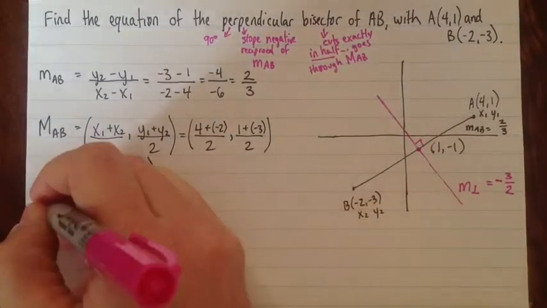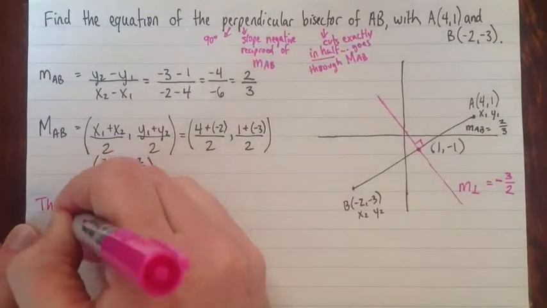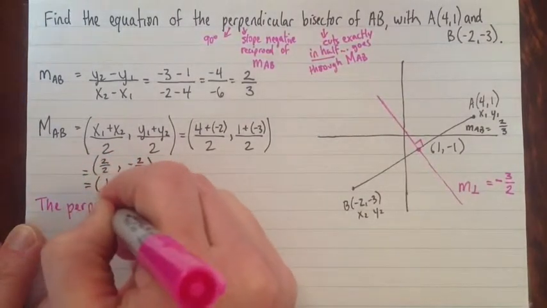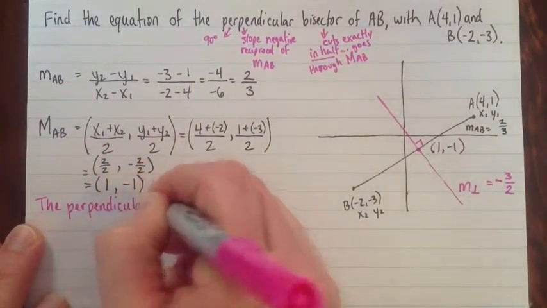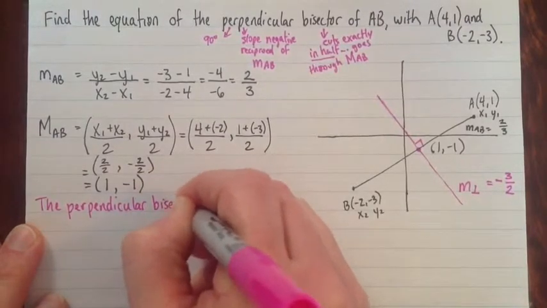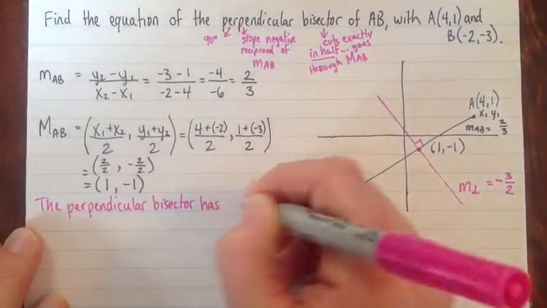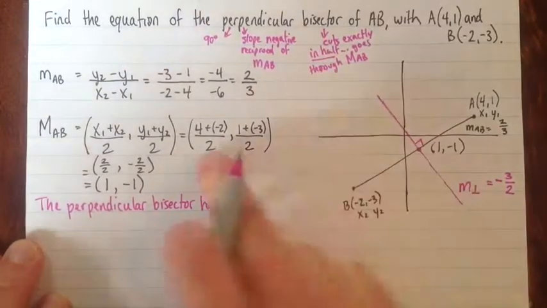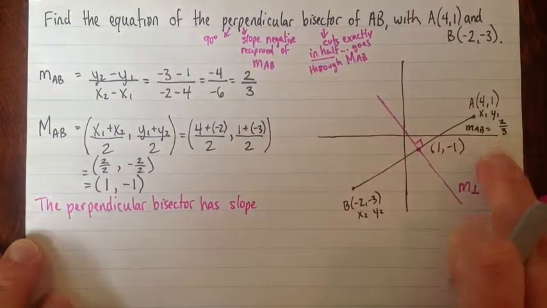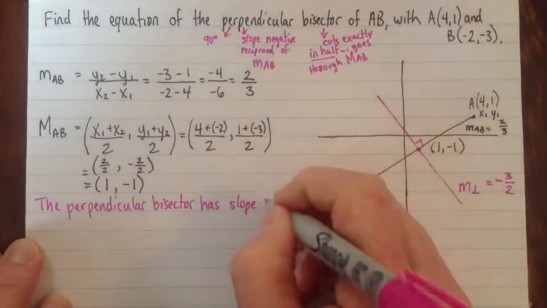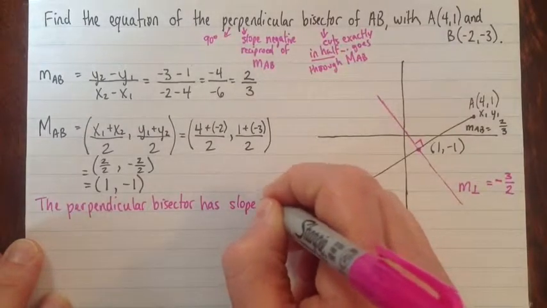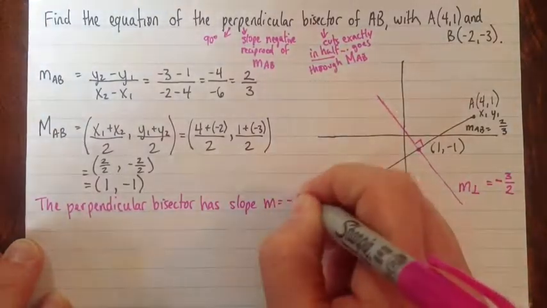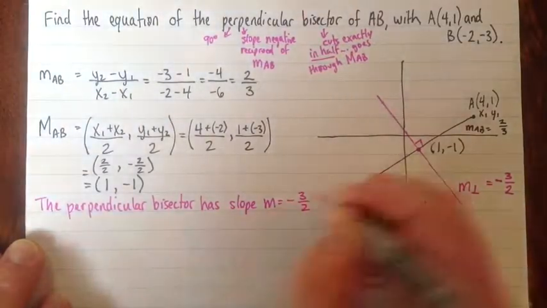Let's write this down. So the perpendicular bisector has slope. Here was the slope of AB, and here's our perpendicular slope: m equals negative 3 over 2.